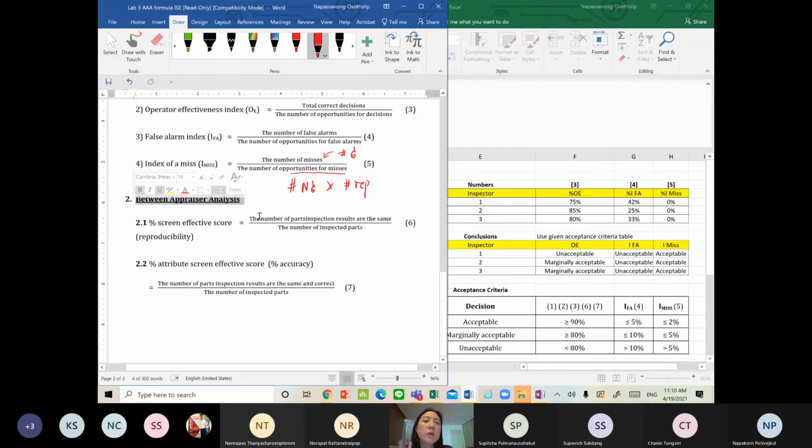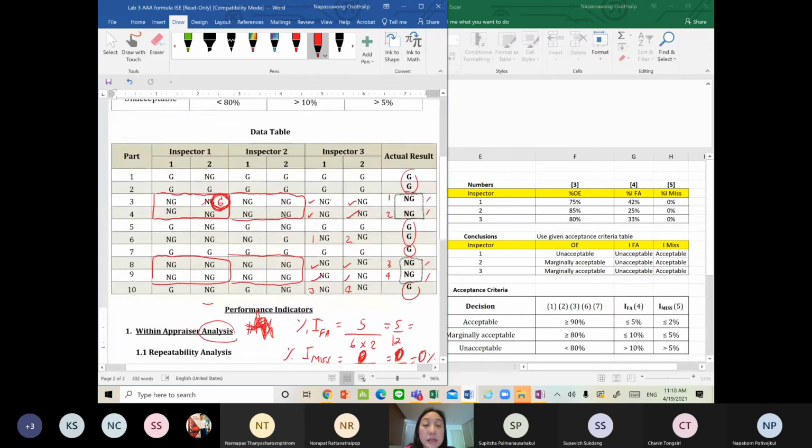So there are two indicators. The first one is about repeatability, and the second one is about accuracy. Let's take a look at this. It's pretty easy, like in this example.